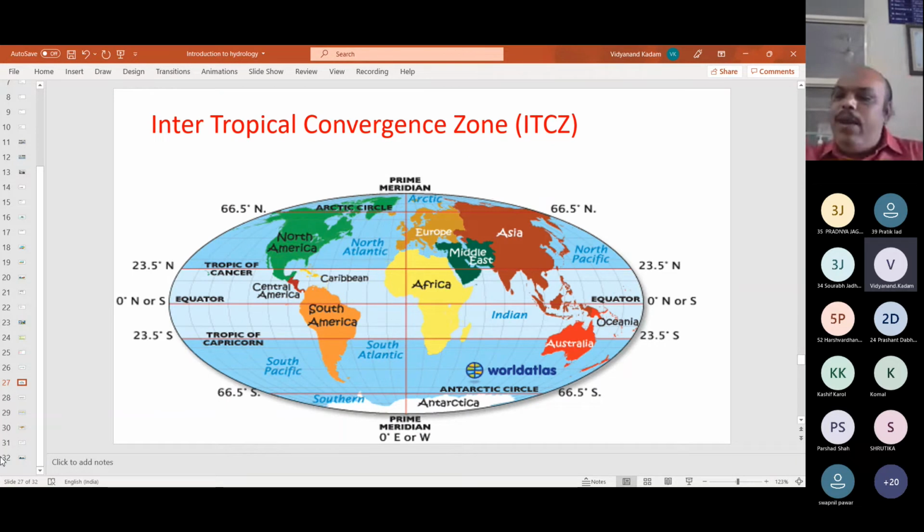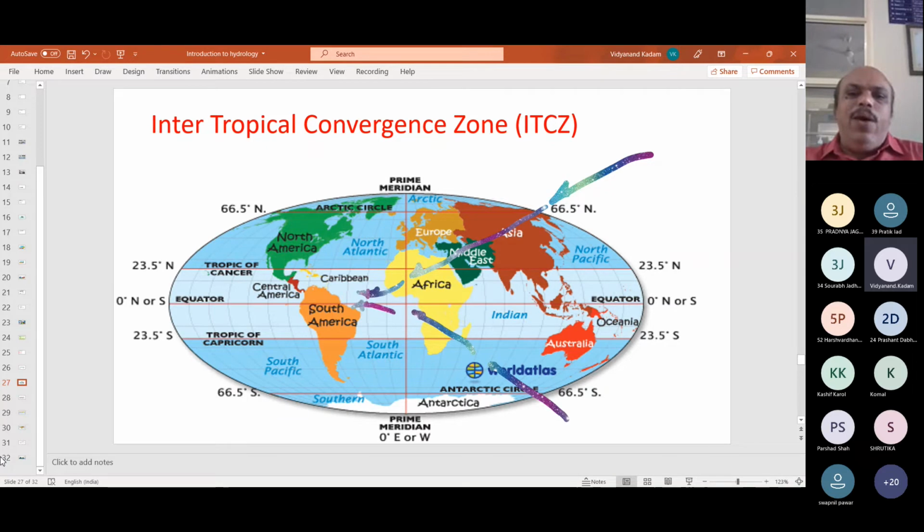So what is trade wind? Trade wind is a wind which flows from northeast direction towards the equator. And here in southern hemisphere, from southeast direction towards the equator.